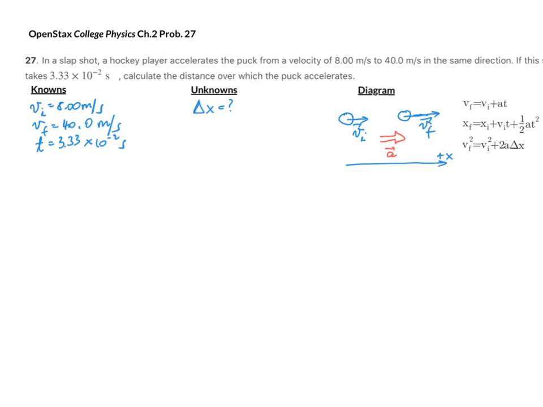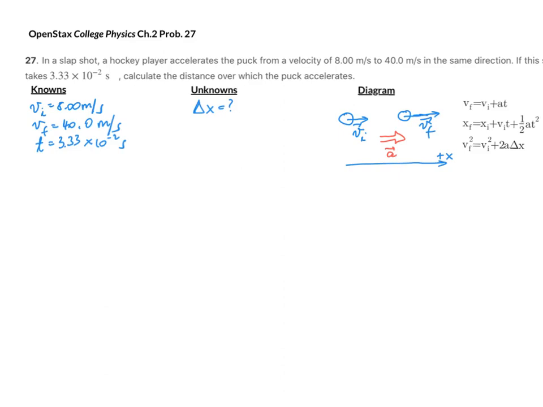Now I need to solve for delta x, so I'm going to look at my equations and see which equations have a delta x in them. I noticed that both the second and third equation have the delta x in them, but they also have the acceleration. I don't know the acceleration, so before I can choose an equation to solve for delta x, I first have to solve for the acceleration.